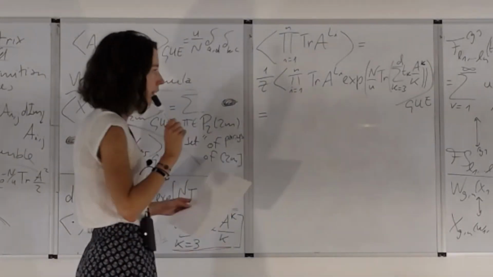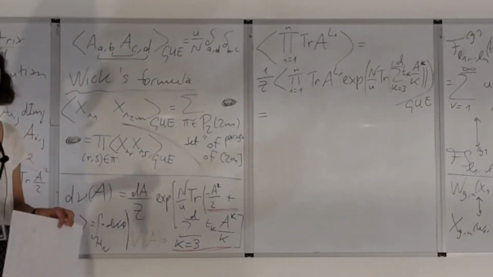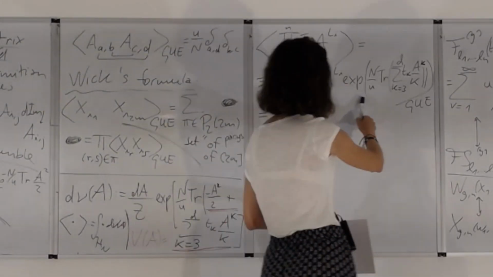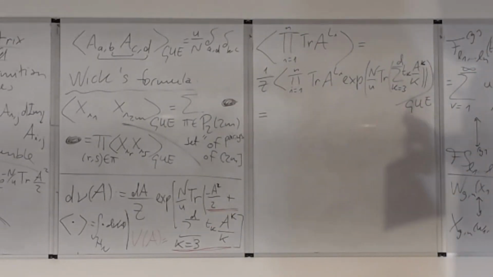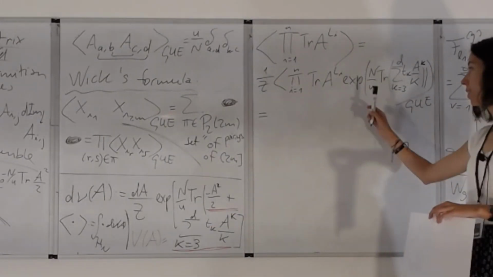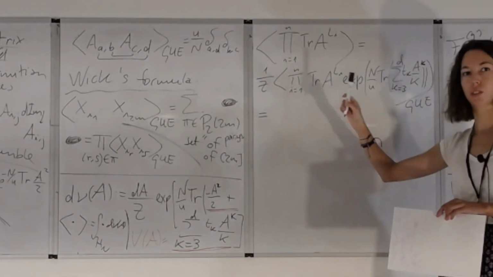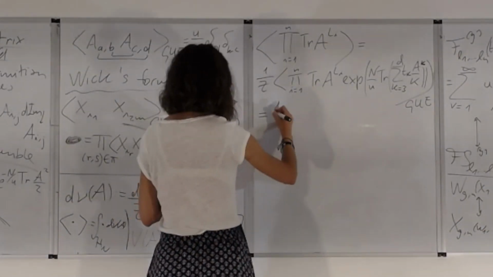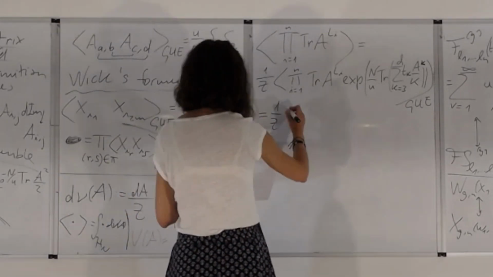So now the technique that we need to apply, because we are doing formal matrix models, is that we expand around t_k equal to 0, and we just exchange the integral and the expansion. This is an important step. And then there will come a lot of tricks.